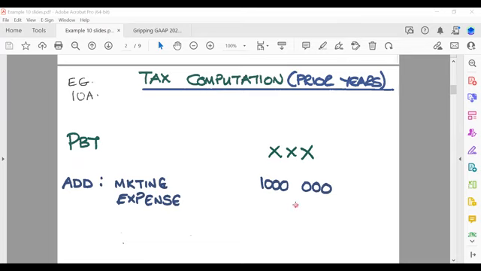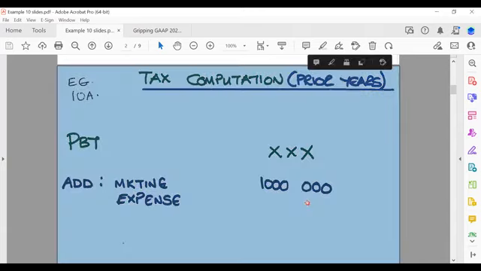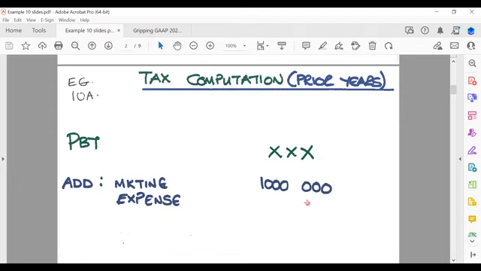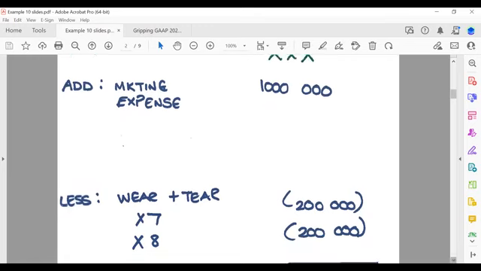And instead of a marketing expense, what do we actually have? We have a machine on which we can now claim our wear and tear allowances. So if you scroll down under this add back, you'll see we are deducting wear and tear for 2 years. 200,000 is 20% of $1 million, for the X7 year, and 20% for the X8 year.